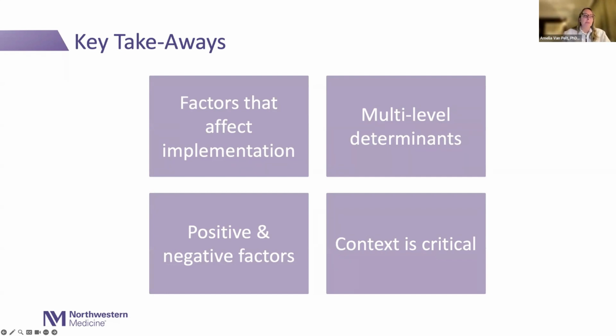Also want to highlight that sometimes facilitators can be confusing terminology, given people think about an individual who's facilitating the implementation. So you may also hear that as enablers, so barriers and enablers to implementation. And really the whole point of this discussion and this whole point of this lecture is to emphasize that context is critical for implementation.